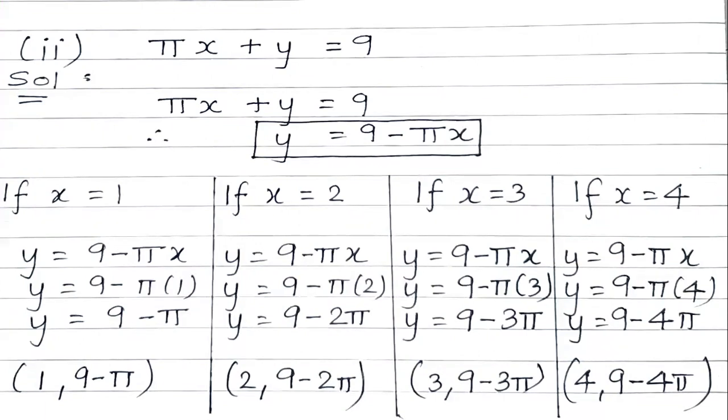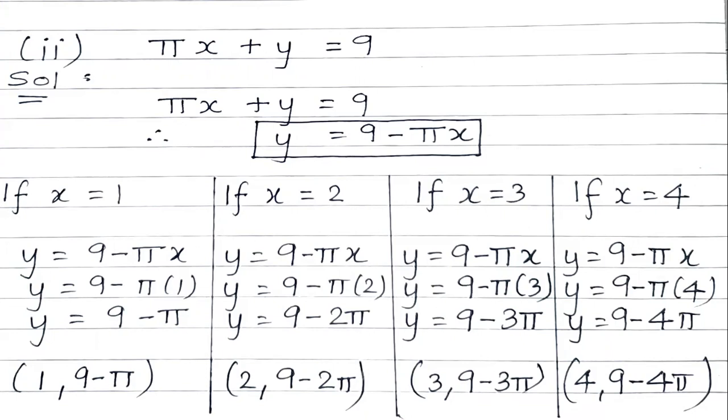As I did in the previous question also, I'll just rewrite it as y is equal to 9 and the term 5x goes to the other side, it becomes minus 5x. And all I shall be doing is replacing the value of x with 4 different numbers to get 4 different values of y and hence conclude them as the 4 different solutions for the given equation.